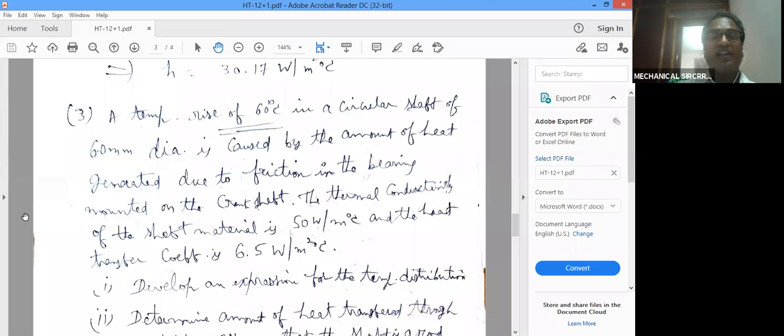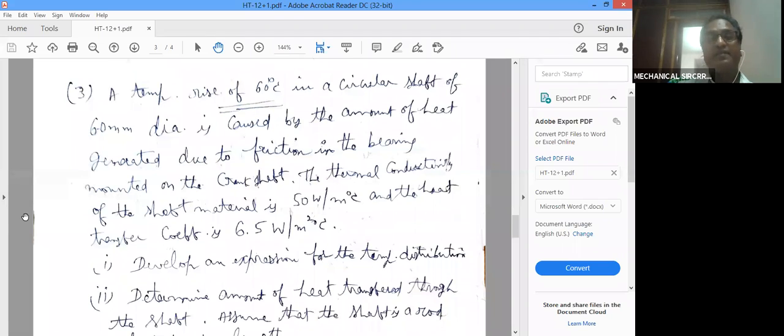So all of you read the third problem. A temperature rise of 60 degrees centigrade in a circular shaft of 60 mm diameter is caused by the amount of heat generated.